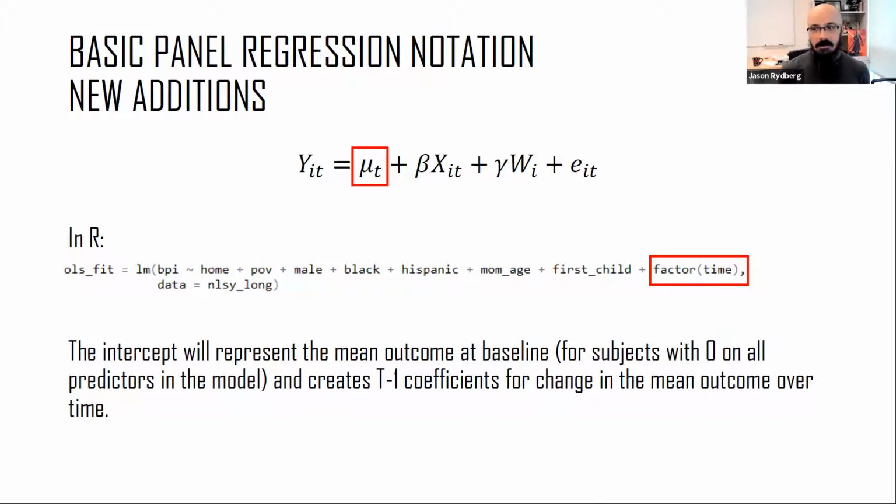I think it's i.time, but it's basically specifying that variable as, hey software, this is a categorical variable, even though its values are actually numeric. So what this will do is, we have 5 time points, so this will actually create t minus 1 coefficients in our model that reflect the mean of Y at each time point when all other X are equal to 0.